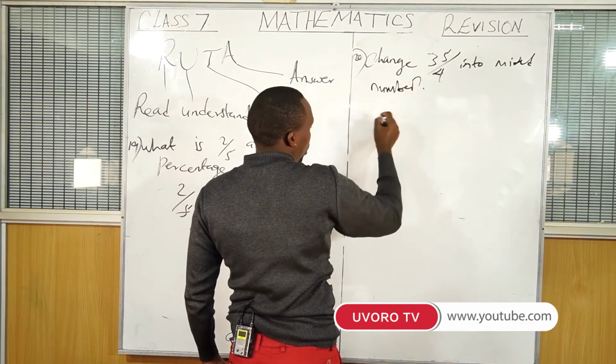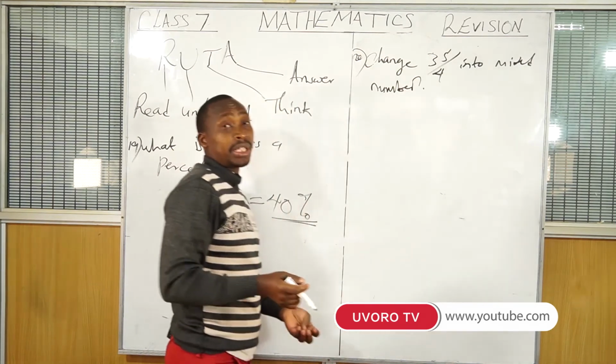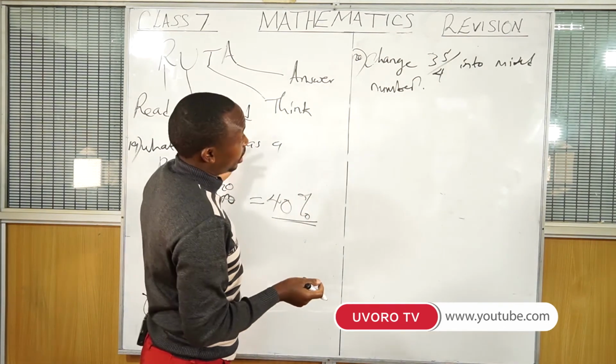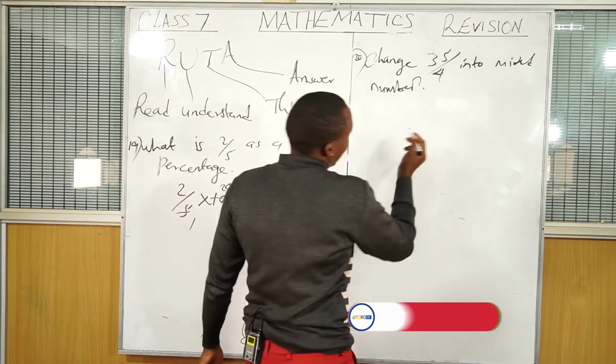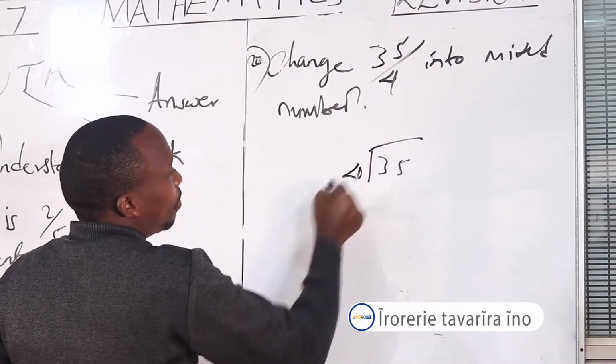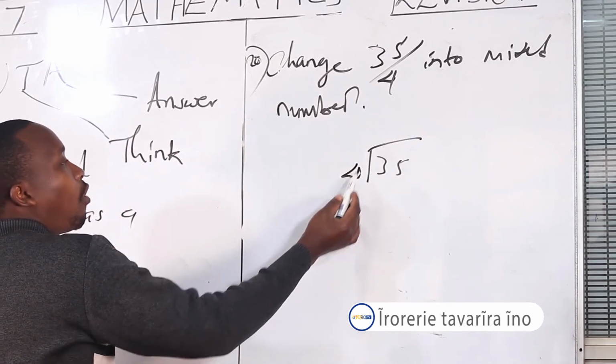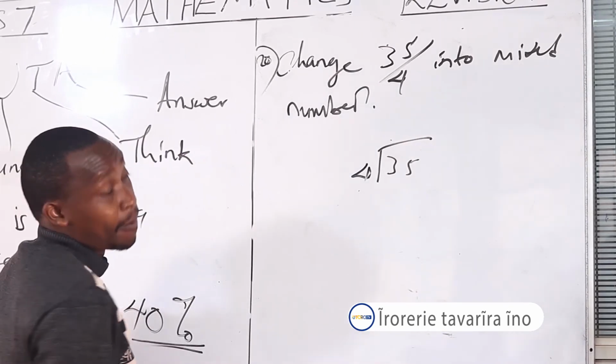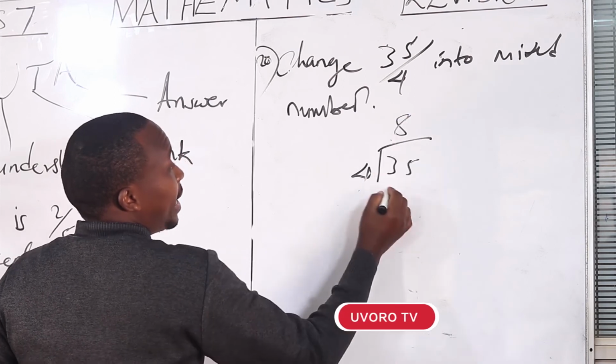This is our last question. So what are you supposed to do using our rooter? R for reading, we have already read. U for understanding. Now, you put the bigger number inside and the smaller number on the outside. 4 times what equals that 35? 4 times 8. Very good.